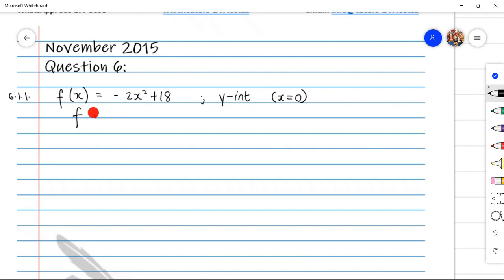So from here we can substitute x as 0. That's going to give us negative 2 into 0 squared plus 18, which will therefore give us a y value of 18. So we can then conclude that our coordinate T is 0 and 18.